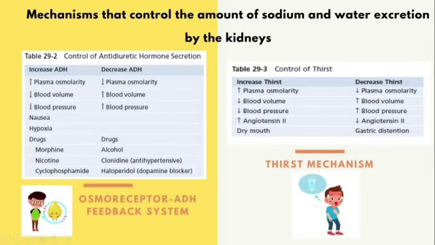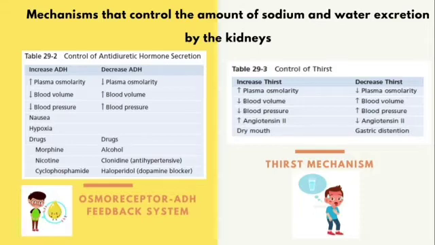The table on the lower right of your screen summarizes the known stimuli for thirst. As we have discussed, plasma osmolarity is the most important stimulus. When there is an increased plasma osmolarity, the thirst center will be stimulated, thereby increasing thirst. Together, the decrease in blood volume and decrease in blood pressure will also increase thirst.